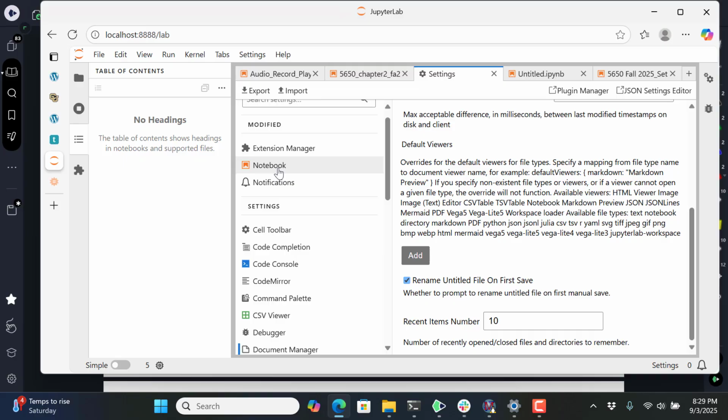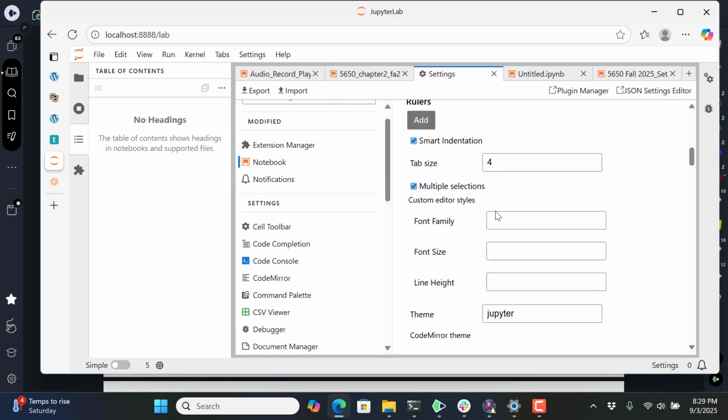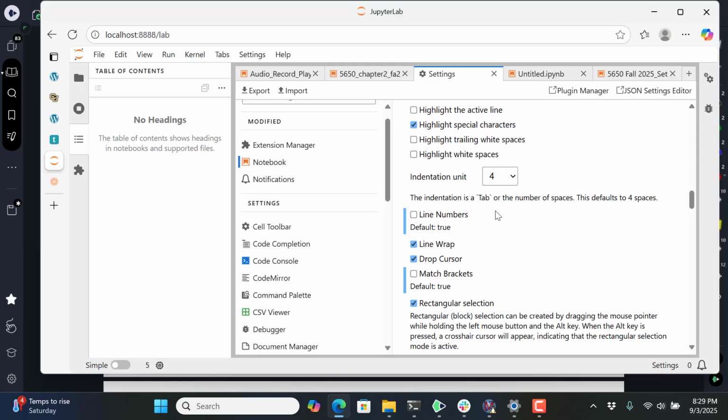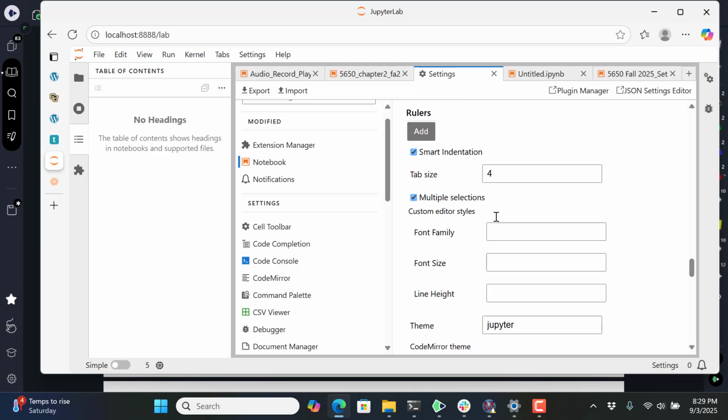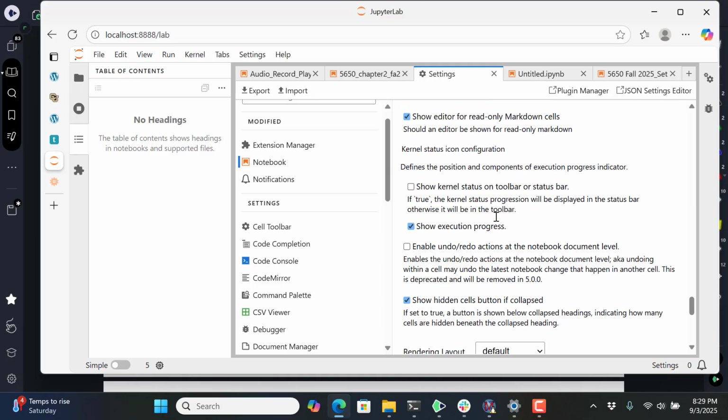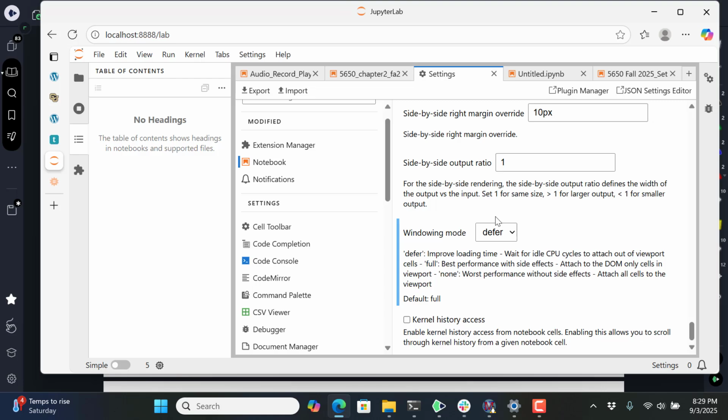And down at the bottom of Notebook, you will see something way down in Notebook. It's called Windowing Mode. The default setting for this is full. And when you have a very large notebook with lots of graphics and other things, the notebook starts kind of losing itself, where it can't refresh everything on the screen because there's so many cells in the notebook. So I found various articles on this, and I found that setting it to defer, and it explains what it does.